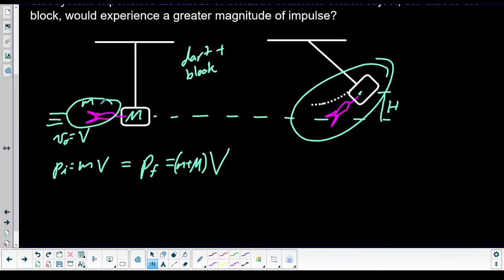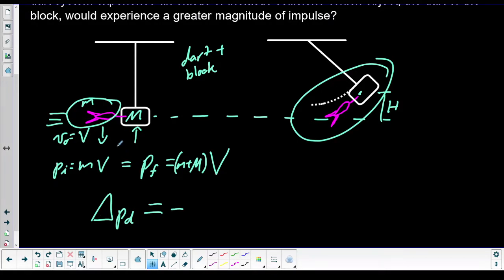Here, our dart, if it hits this thing, it's going to slow down. Our dart is going to lose momentum. However, our block is going to get hit by a dart. It went from not moving to swinging upwards. It is going to gain momentum. However much momentum this dart loses, this block will gain. So the change in momentum of the dart, however much it loses, will be equal but negative, right? This one's going to lose, so it's going to go down.